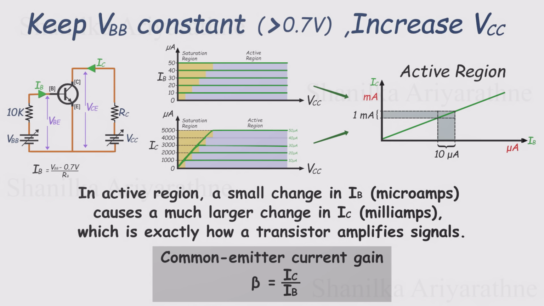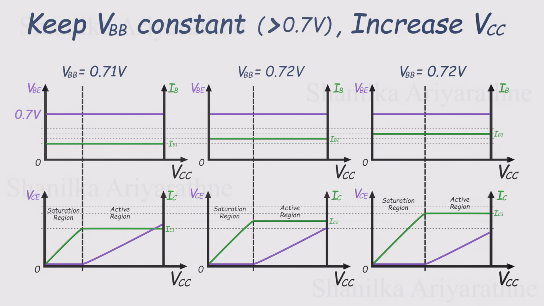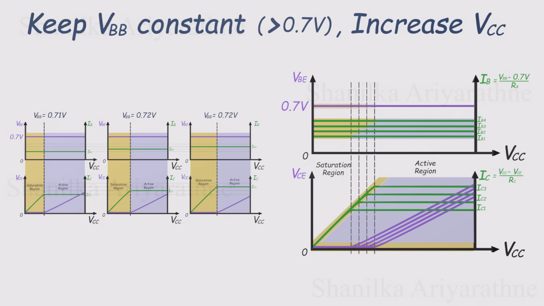Now, if we go back and look at each IC versus VCE graph, we can clearly identify the different regions of transistor operation. When we combine all those curves onto a single graph, the pattern becomes even clearer. At the beginning of each curve, there's a region where IC increases along with VCE.